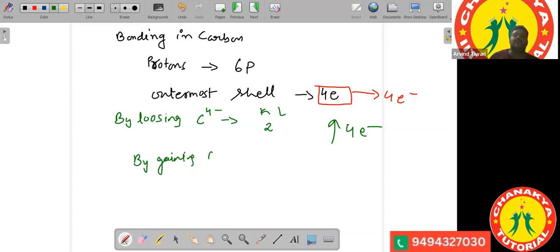By gaining, it will form C4 minus, with K and L having 2 and 8 electrons. But none of them are possible. It's not easy for carbon to lose 4 electrons, and also not easy to gain 4 electrons.